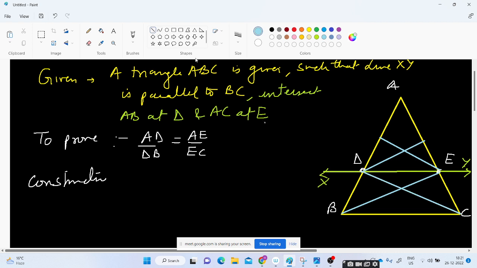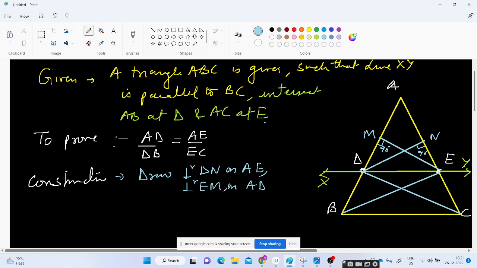So this is 90 degrees and this is also 90 degrees. So the construction is: draw perpendicular EM on AD, and draw perpendicular DN on AE, and join BE and CD.